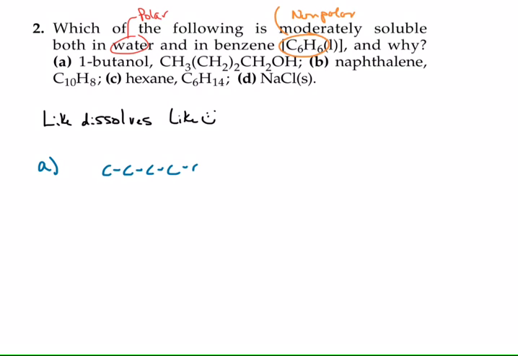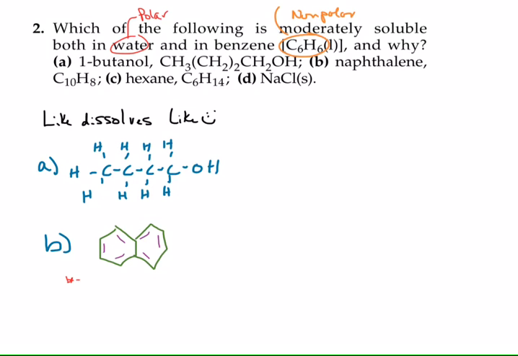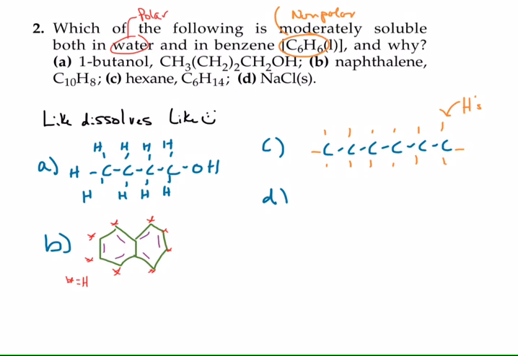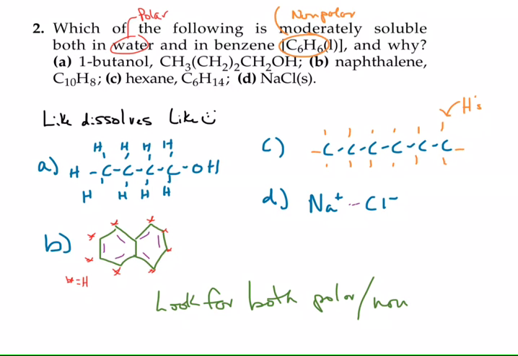I drew these out to make sure we're all on the same page. You might not know what 1-butanol is, but the -ol gives it away as an alcohol, and the but- part gives it away as having 4 carbons. We'll talk more about that. So there's your 1-butanol. This one is naphthalene, like 2 benzene rings, a bunch of carbon and hydrogen.